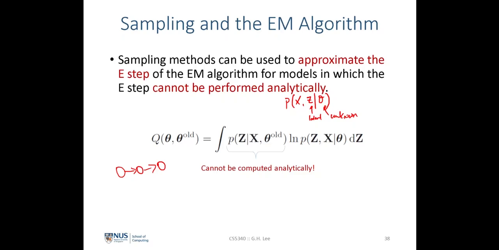And it could be the case that it is much more complicated than just a simple first-order Markov chain, which would render this particular posterior distribution intractable to be computed analytically.